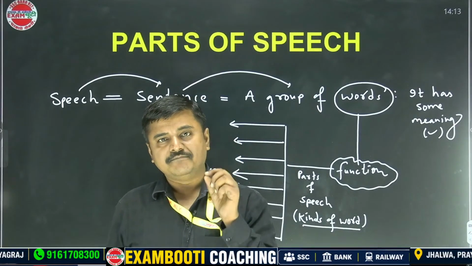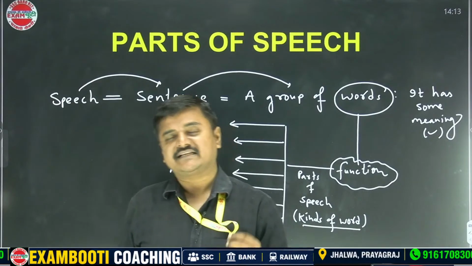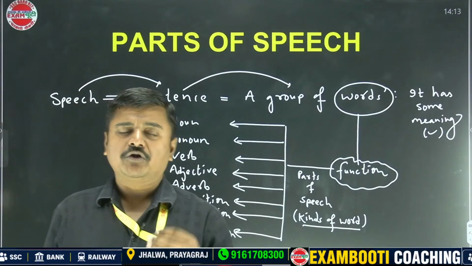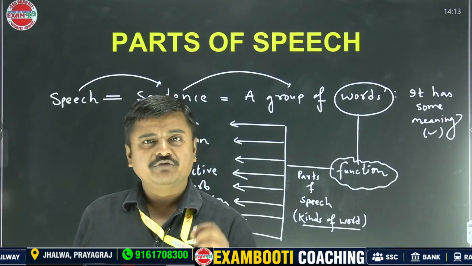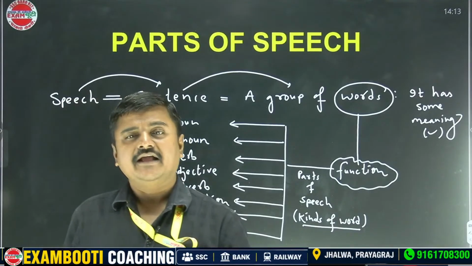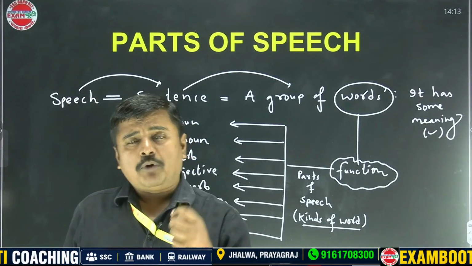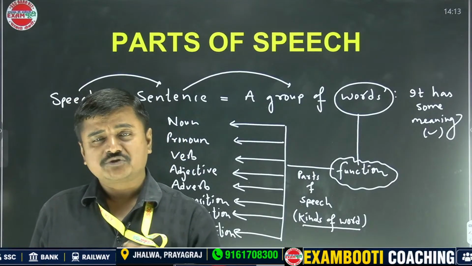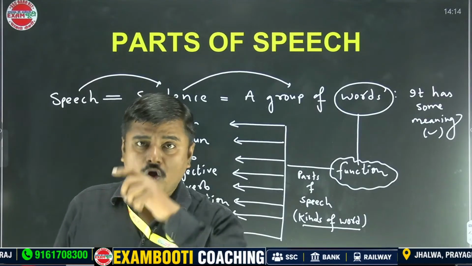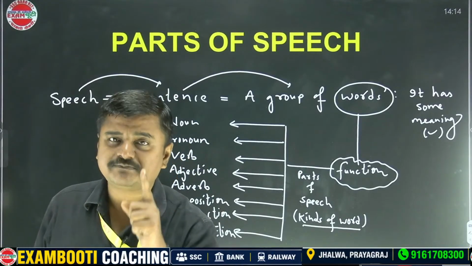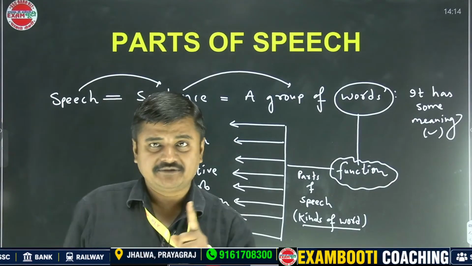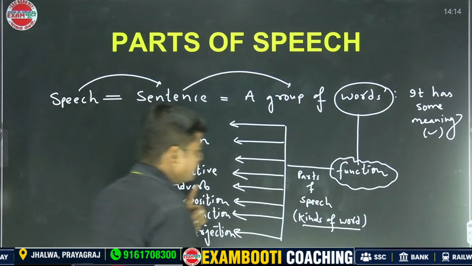So let's move to another section of parts of speech where I just show you 1 or 2 examples where you will find that each word acts differently, and how it is important for us to understand the meaning according to the part of speech the word functions as there. Let's see some examples.